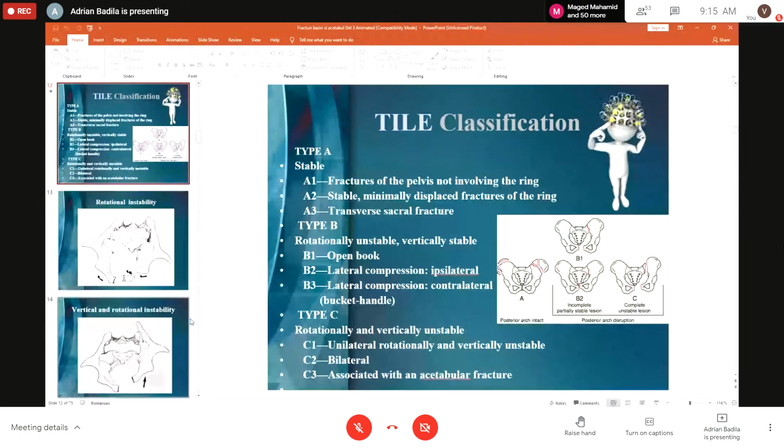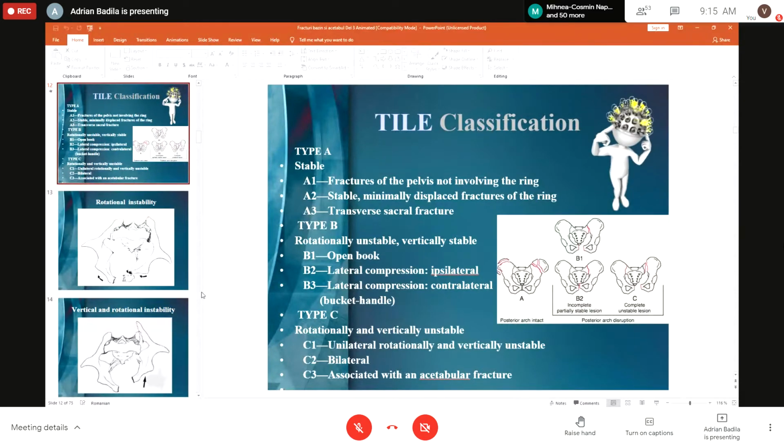A B2 fracture is a fracture produced by lateral compression, and all the fractures are ipsilateral, on the same side, on the left one or on the right one. The B3 is also a fracture produced by lateral compression, but the fractures are contralateral.